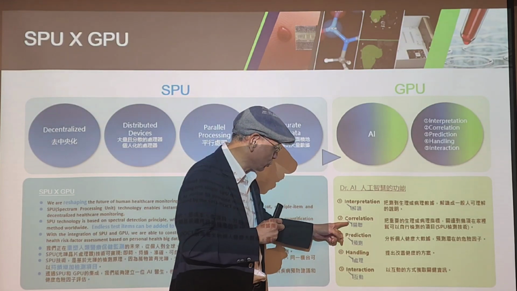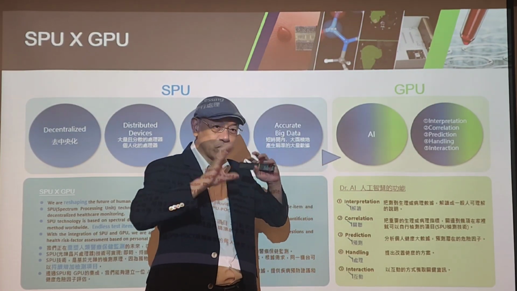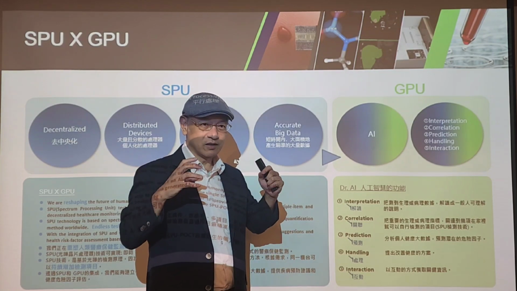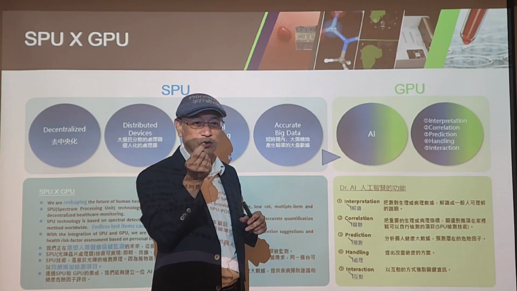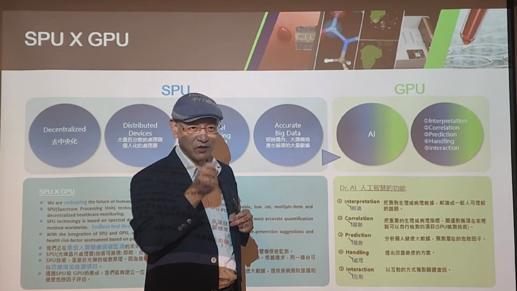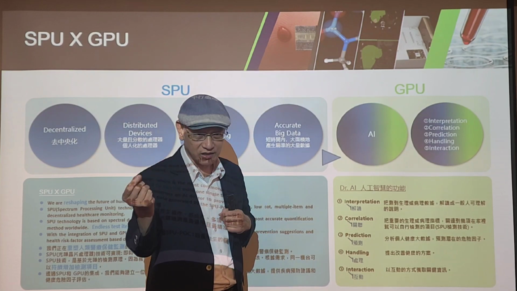And the second is to do the correlation. When we go to hospital, we use big, complicated machines to get the critical factors of your body, like CKD, chronic kidney disease.